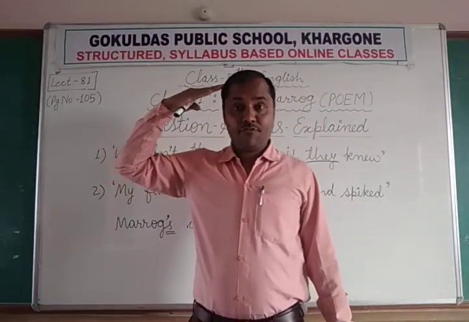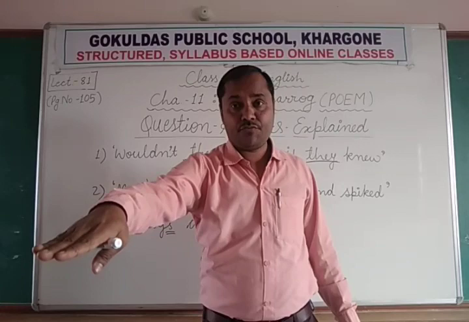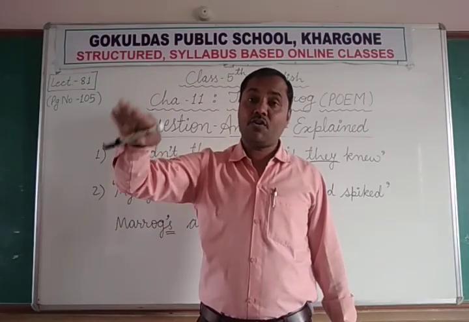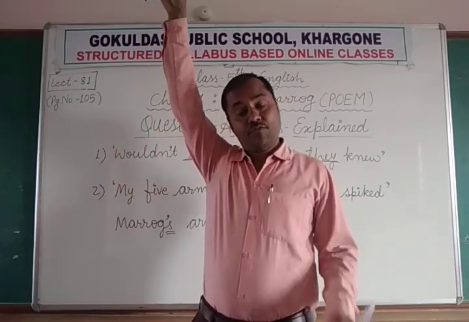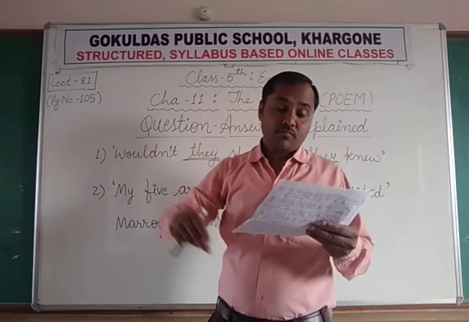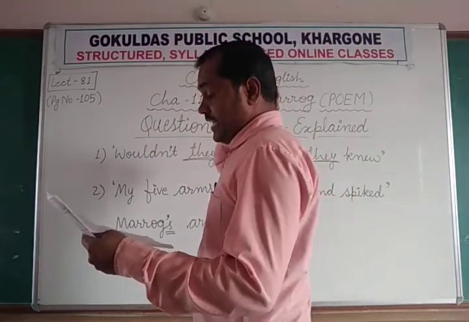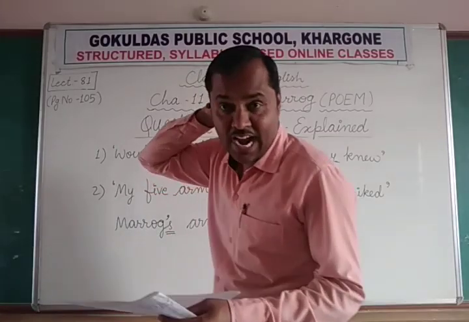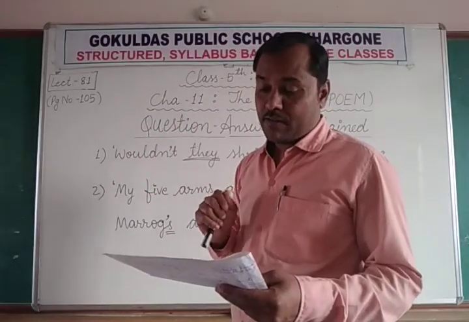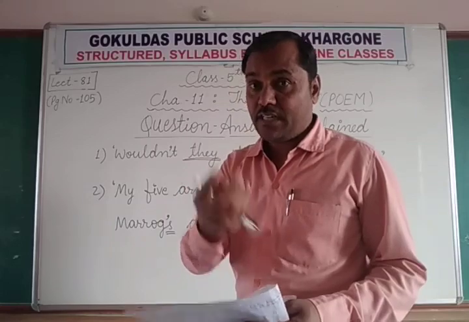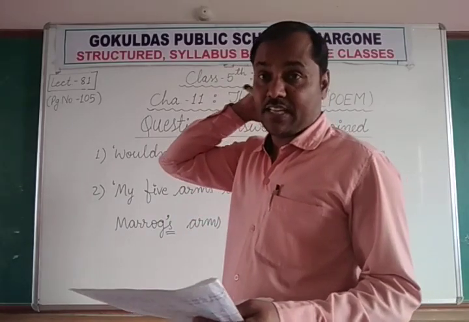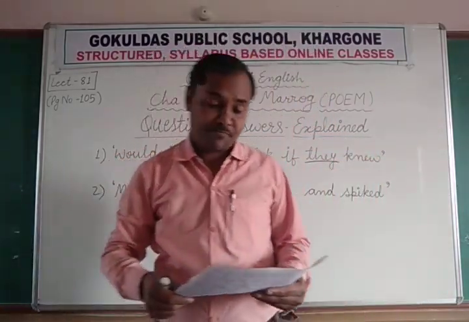I am five foot tall. You might be four foot tall. But Marrog, he was seven foot tall, with three eyes in the back of his head. Two eyes are in the front and three eyes are there in the back of his head.